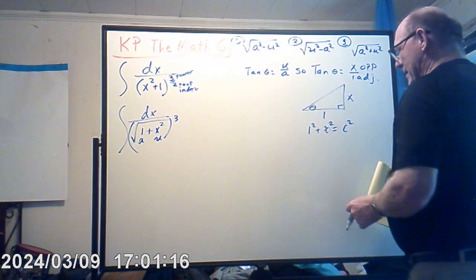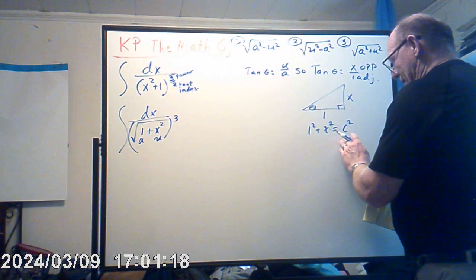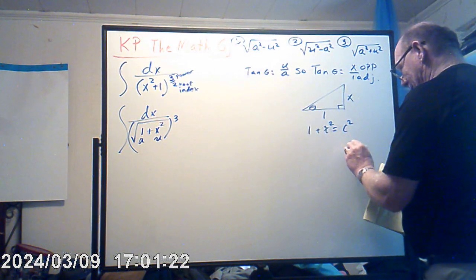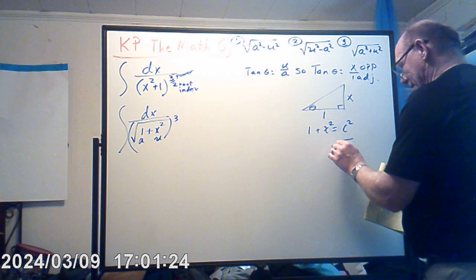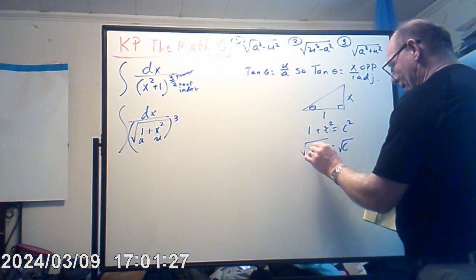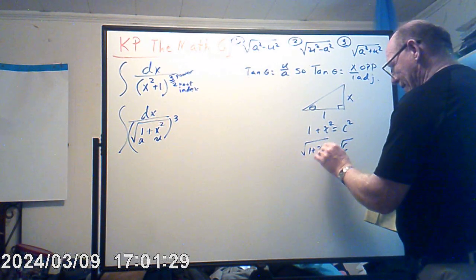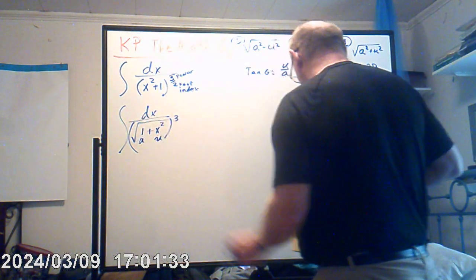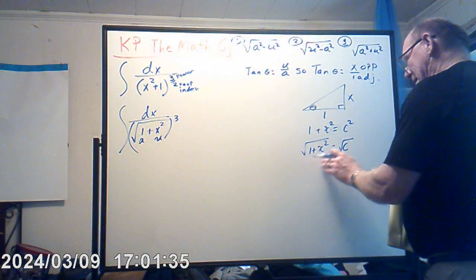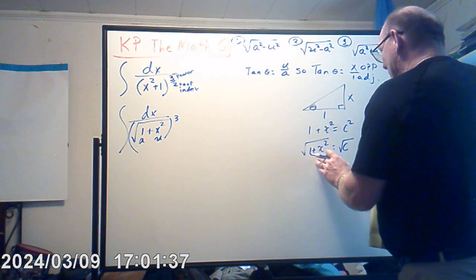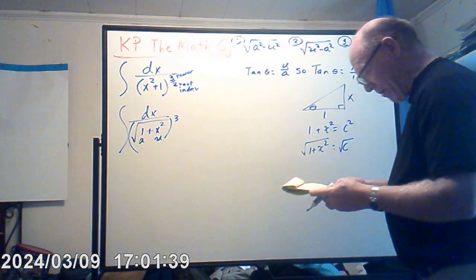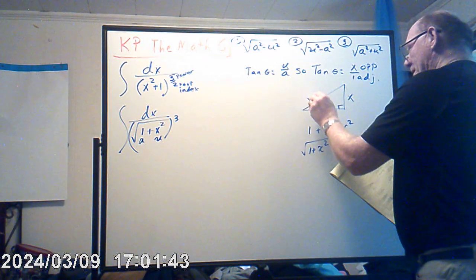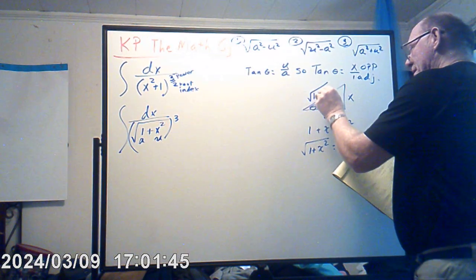Taking the square root, c is the square root of 1 plus x squared.